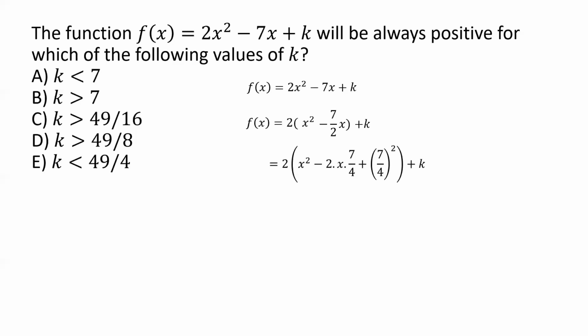In this case, the term that was added was 2 multiplied by 7 by 4 whole squared, so we subtract that, so that the expression doesn't change in value.